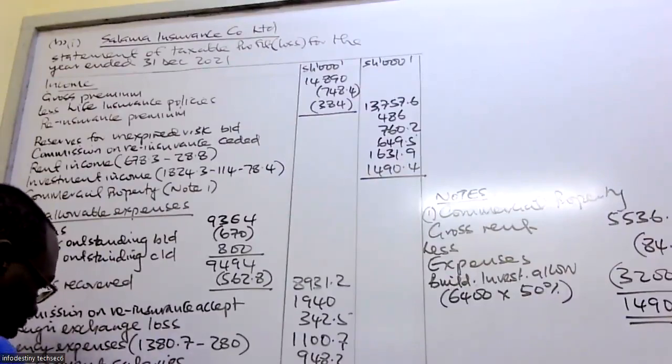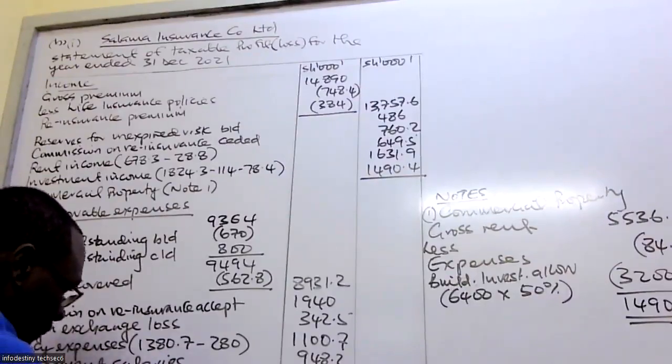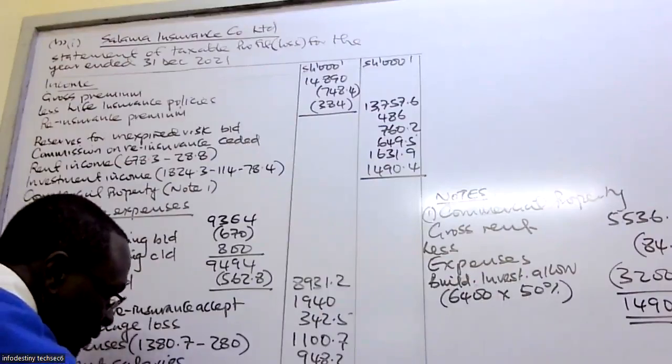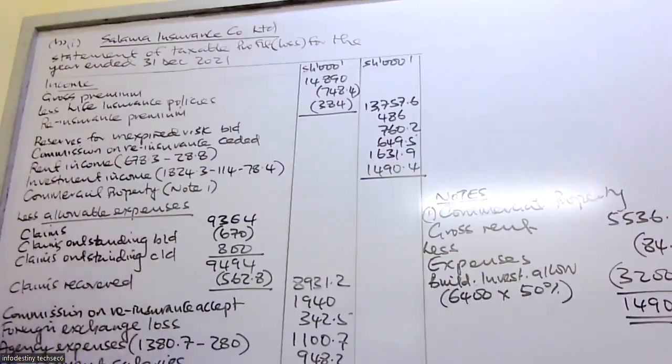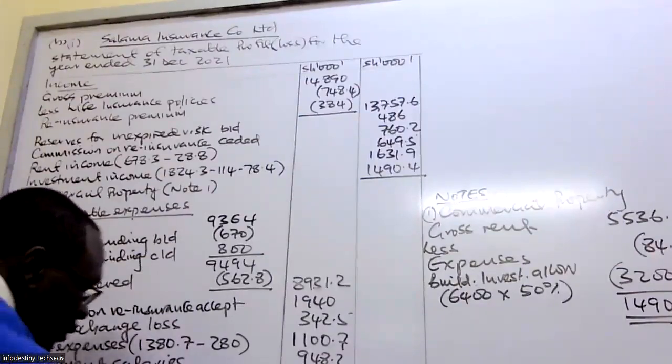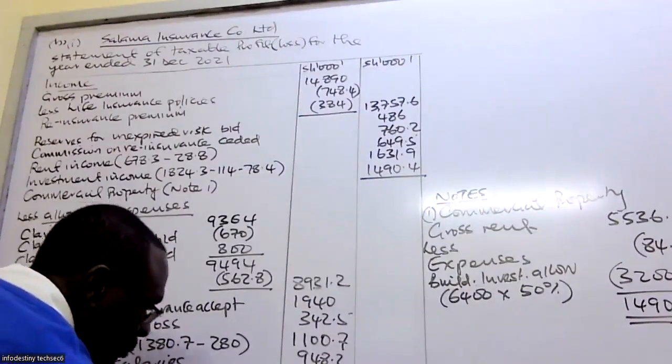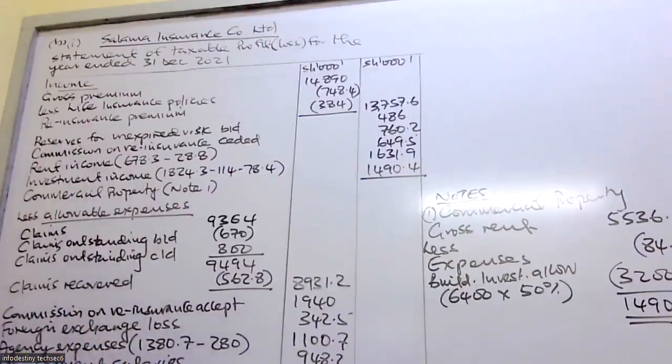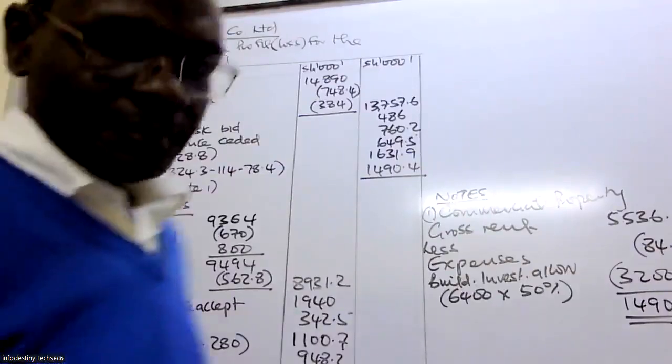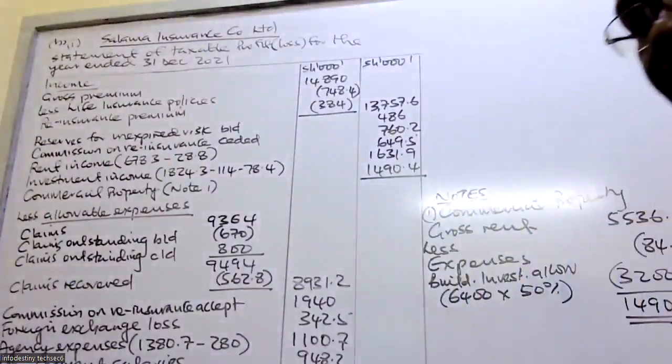Software is 150 times 25% is 37.5. Then you have neon signs. Neon signs is 48. You multiply by 10%, you get 4.8. So that should give us the income that is taxable.